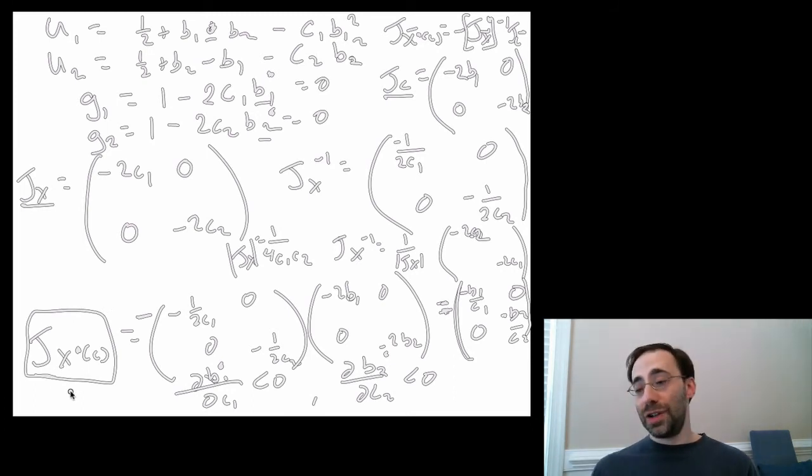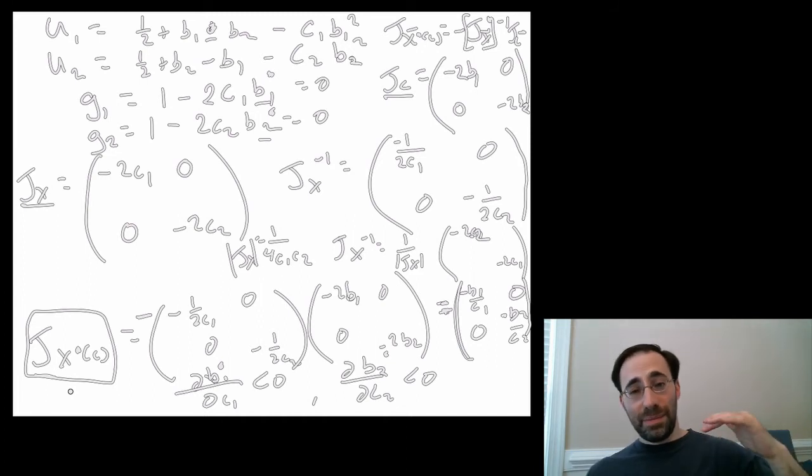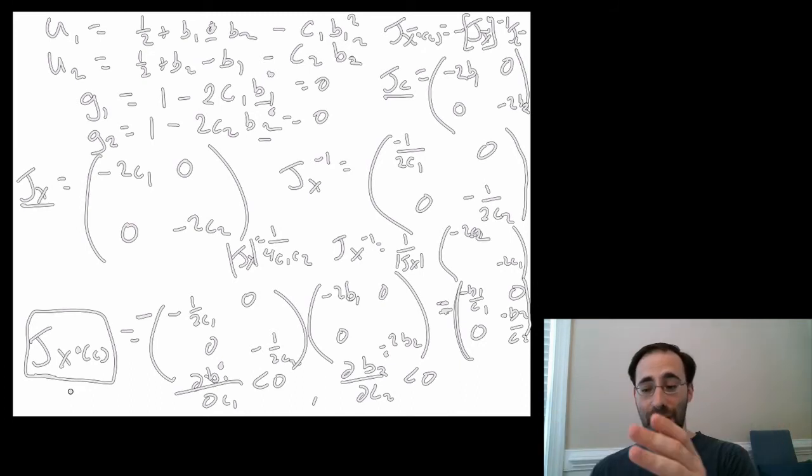What does that mean? Well, you think back to what the Jacobian means, which is the first row of the Jacobian tells you the rate of change of the first optimum component, b1 star, with respect to both of the components, and the same thing with the second row for the second component, b2 star.